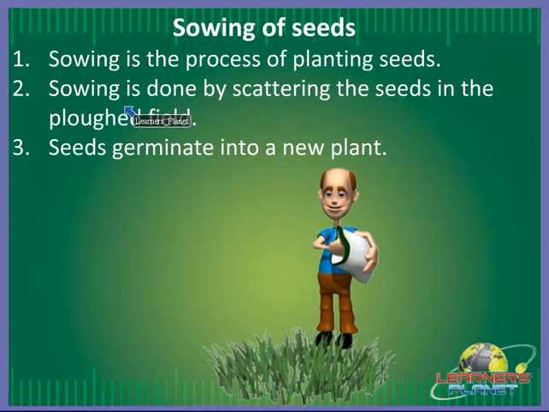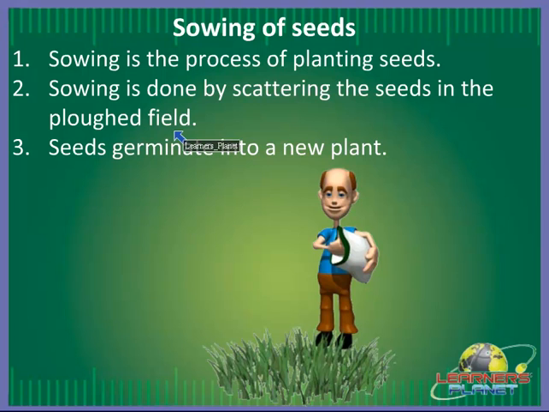Sowing is done by scattering the seeds in the ploughed field. We have already ploughed the field, right? And now we sow. So sowing is actually planting the seeds in the field. And how do we plant seeds in the field? By scattering the seeds in the ploughed field, right?